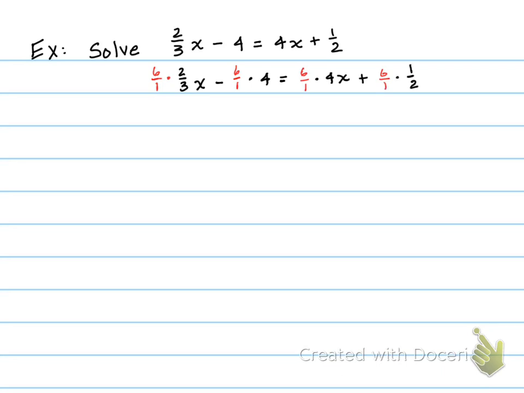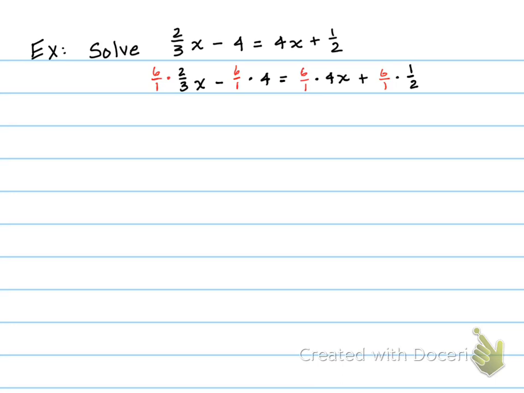It can be tempting to only multiply 6 by the fractions because that's what we're trying to get rid of. But remember that the reason we're allowed to multiply everything by 6 is because we're keeping it balanced on both sides. So that means I have to make everything 6 times as big. I can't just do it to the fractions.